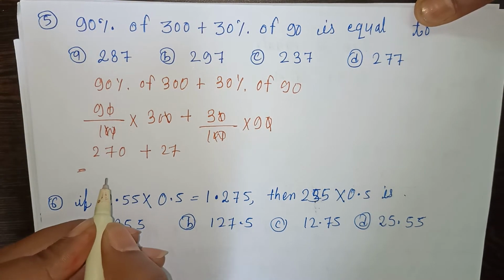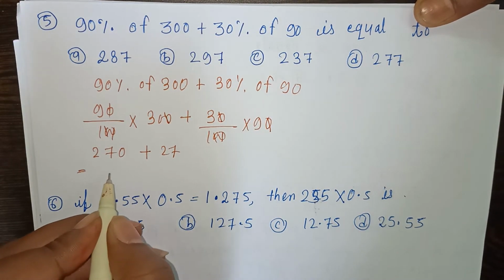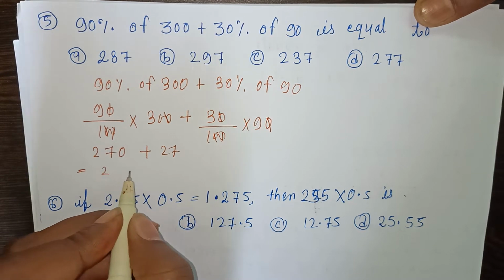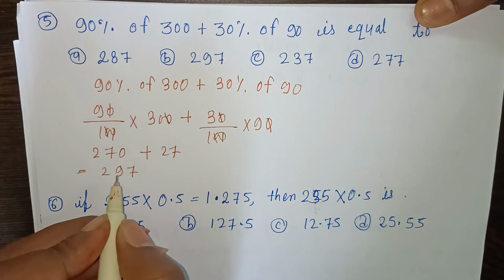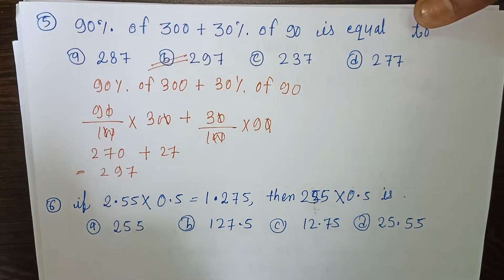When you add, you will get 297, then option number B is correct.